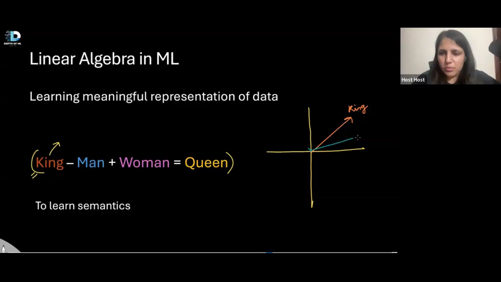This is, for example, my man vector. And this difference, suppose they do this difference, they remove this and then add the woman vector, woman is here, right? When they add this vector, they actually get the representation of queen.